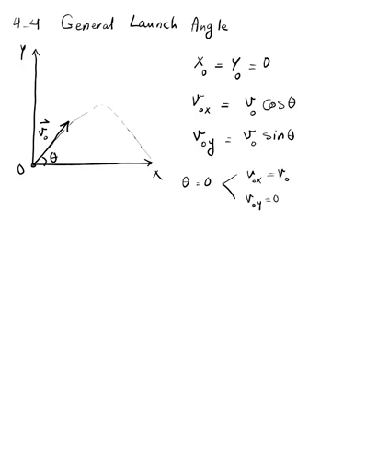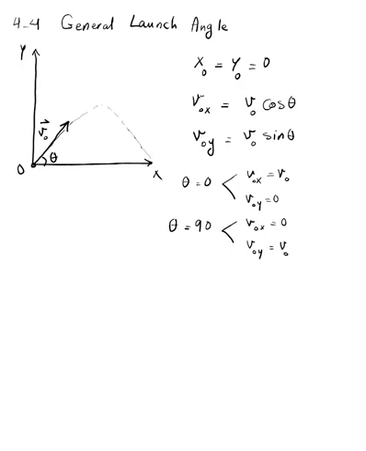So this is what we had so far. If I'm shooting the projectile upward, which means theta is equal to 90, then v naught x is going to be 0 and v naught y is going to be v naught. So this is another case for later.